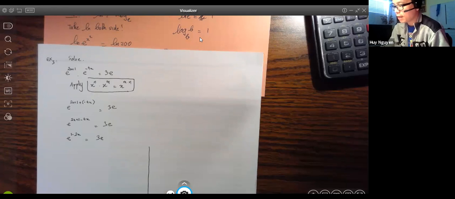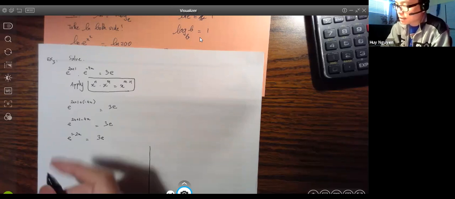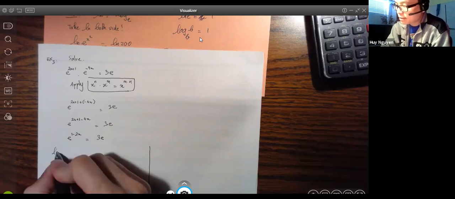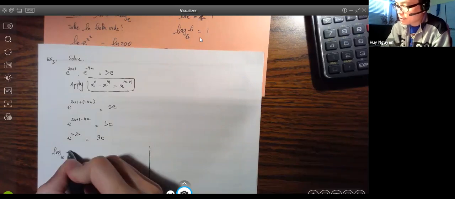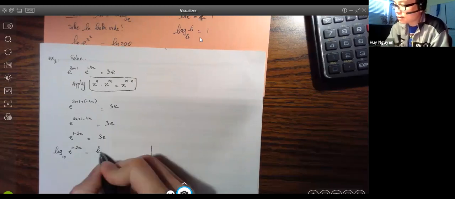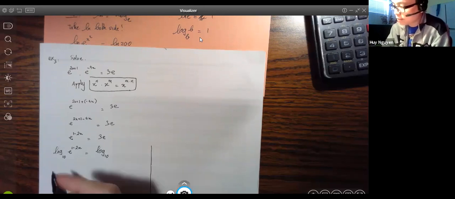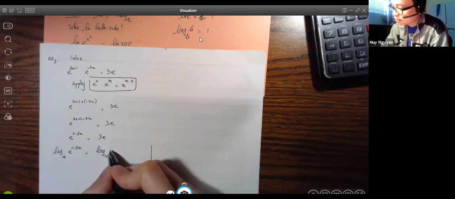On the left hand side, I'm gonna just go ahead and start taking log. I'm not gonna take log base e anymore. I'm gonna take log base 10 to see what's going on. So I'm gonna take log base 10 of e to the 1 minus 2x equal to log base 10 of 3e. And log base 10 usually we don't need to write 10, but I just write it.